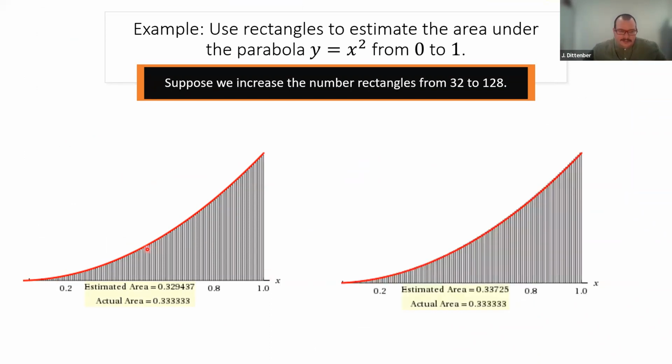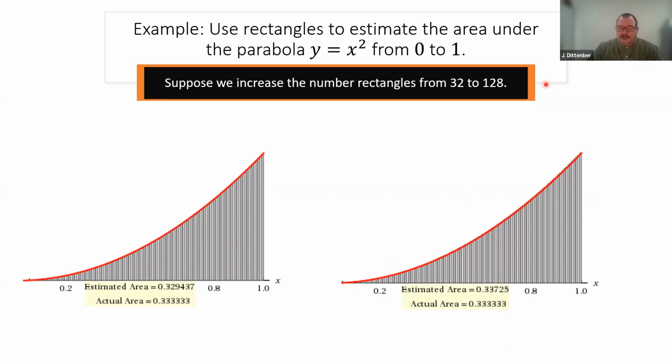In fact, what's happening here is that we've got a more precise fit under this curve. Necessarily the width of the rectangles is getting smaller. That's the only way we can have 128 rectangles here, is if the width is shrinking as the number of rectangles increases, but we still keep the uniform width.